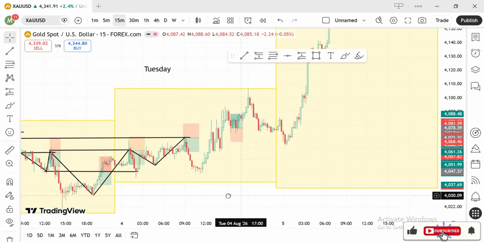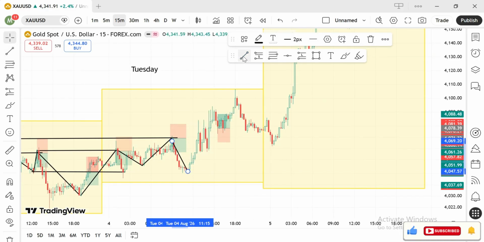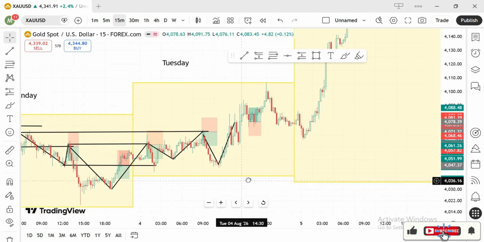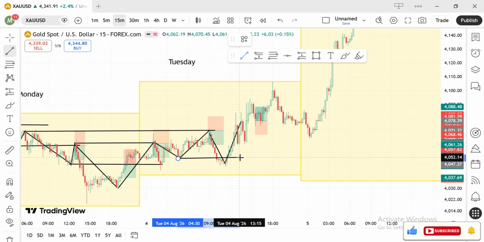So the market continued bearish again and got to this position, and it went up again. Now the market went up again to this position over here. So as you can see, this gave us another valid market structure over here.